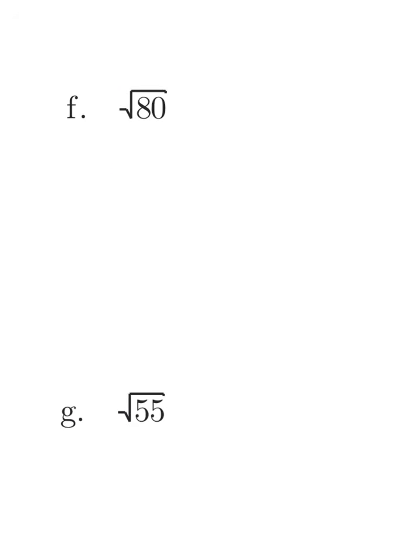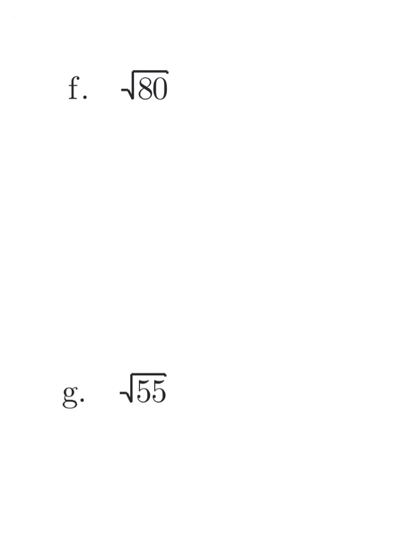All right, let's look at F. So this one, again, I want squares that divide into 80. Now, some of you may be sitting there and saying 4, and 4 is okay, but it's actually not the largest square. And we are aiming for the largest square that divides into 80.